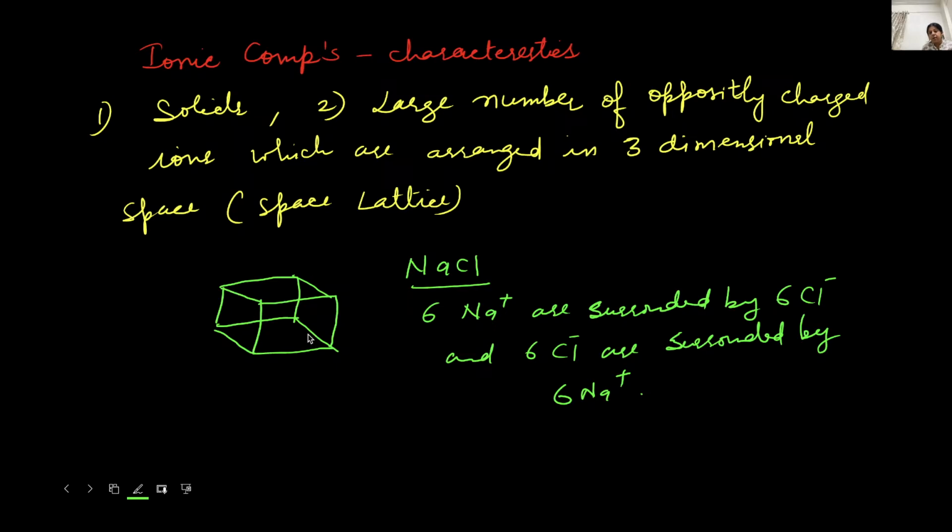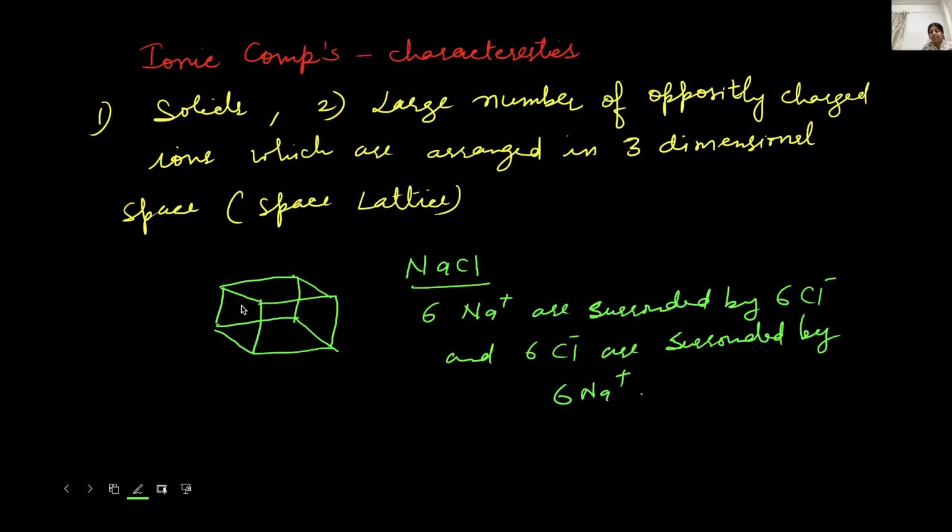This is a unit cell of the crystal lattice or space lattice. What is a unit cell? It is the simplest basic unit which repeats itself to form the complete three-dimensional structure.